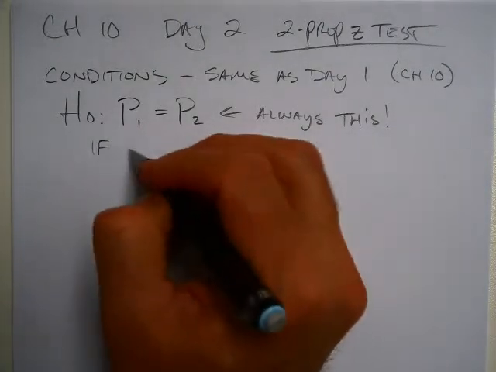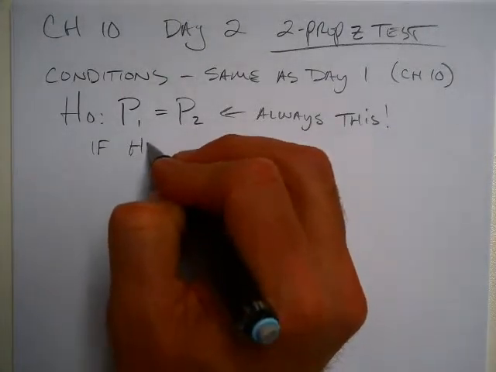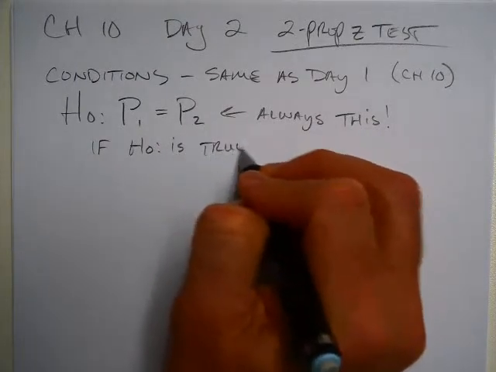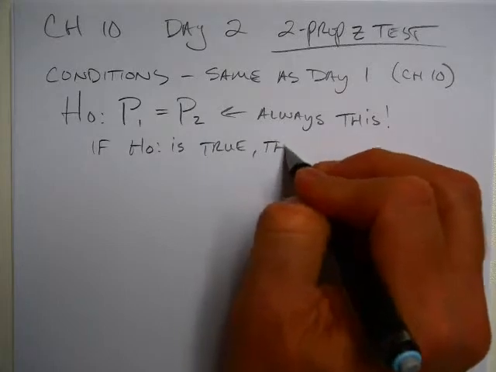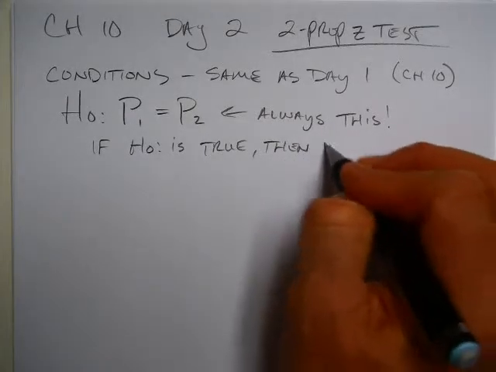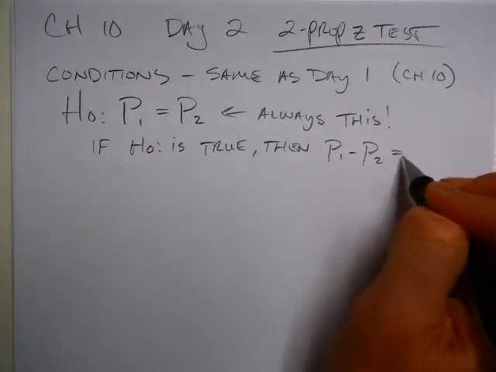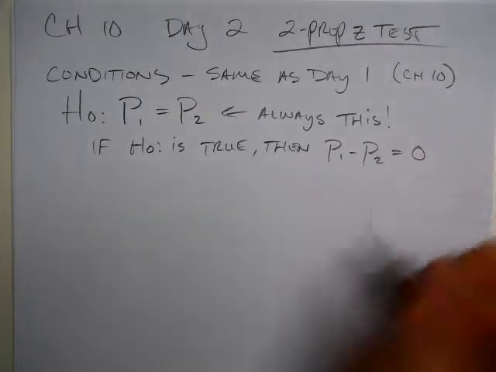And if the null is true, then P1 minus P2 would always equal 0.